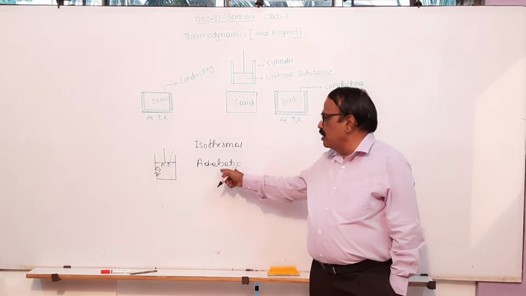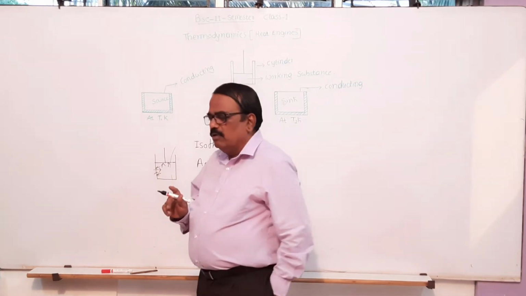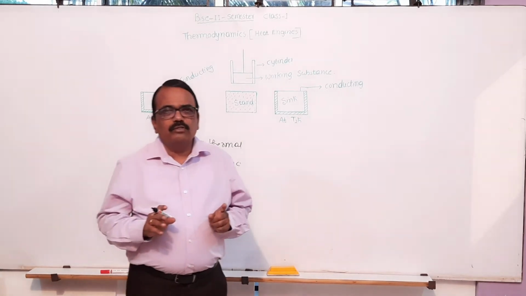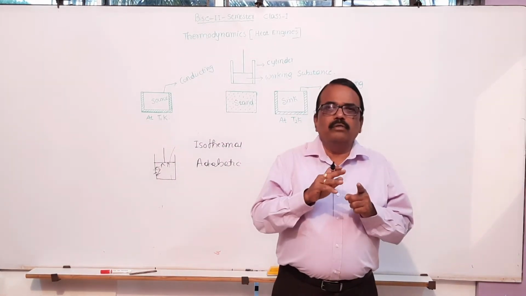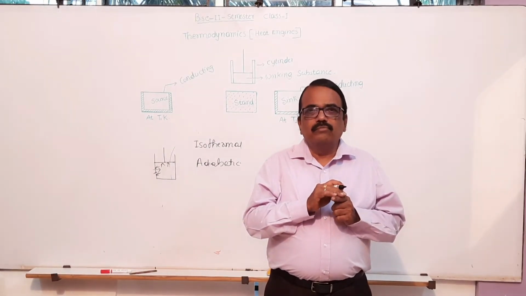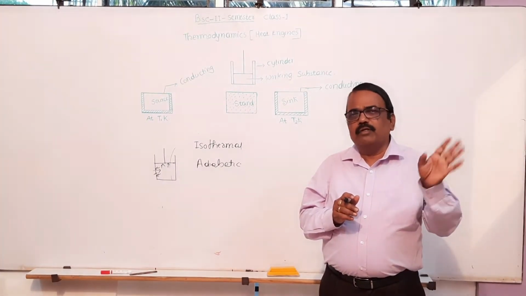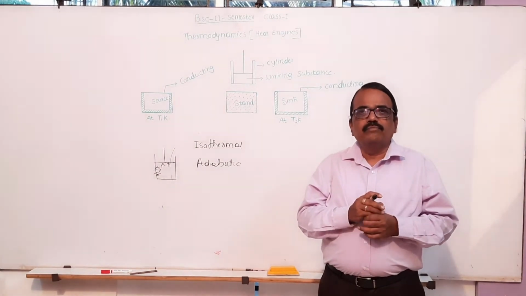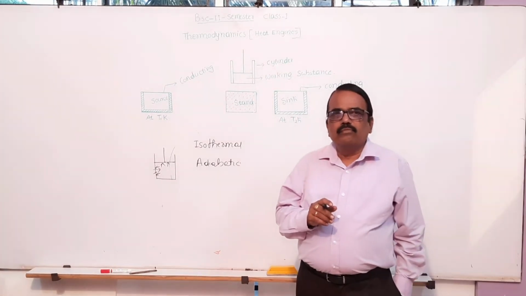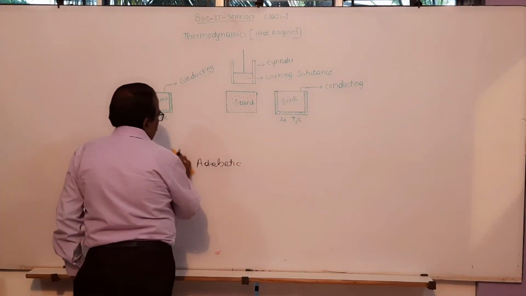Then this process is called adiabatic process. Remember that in isothermal process, temperature does not change. To maintain this, it is allowed for heat to enter the system or come out of the system. But in adiabatic process, pressure, volume and temperature, all three change, but care should be taken that no heat should enter the system or come away from the system. This is your adiabatic process.